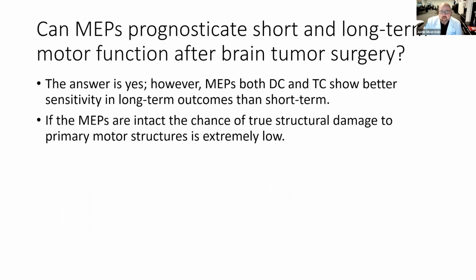So we come back to the question, can MEPs or motor potentials prognosticate short and long-term motor function after brain tumor surgery? And the answer is yes. However, motor potentials, both direct cortical and transcranial, show better sensitivity in long-term outcomes than short-term. And this is important because when you read the literature, a lot of literature says that motors can't detect certain immediate neurological deficits in brain tumor surgery.